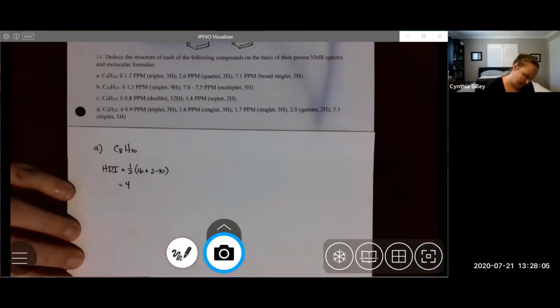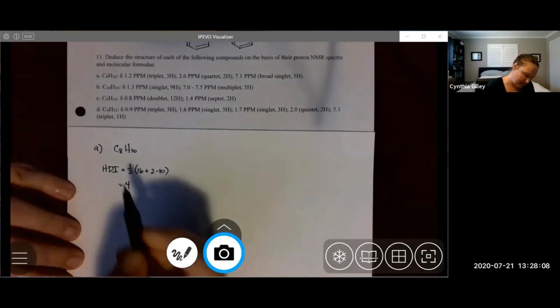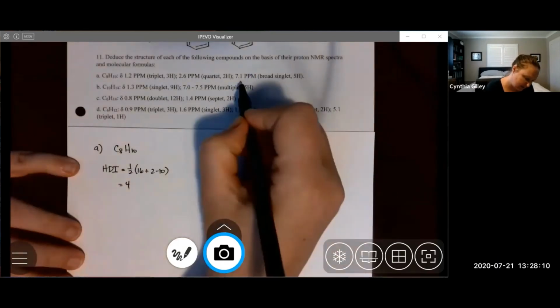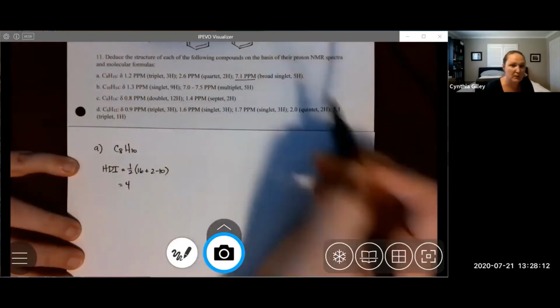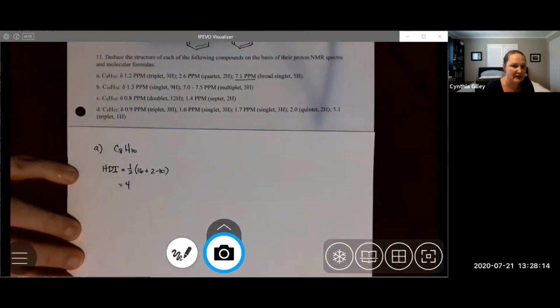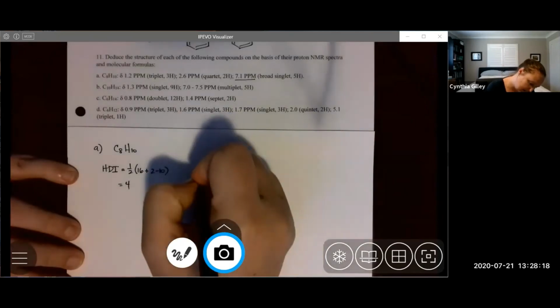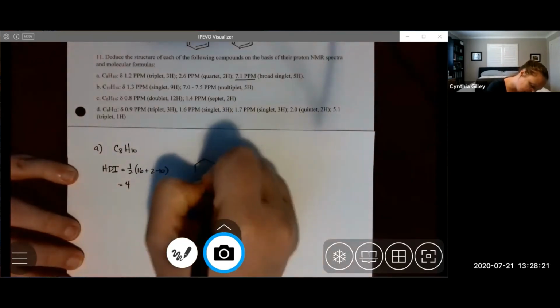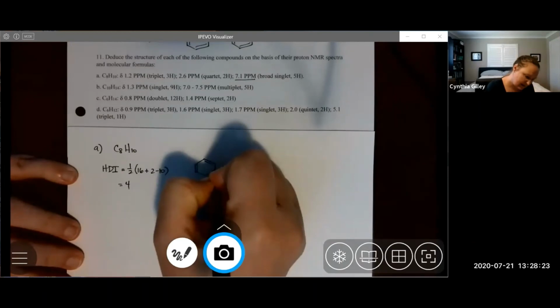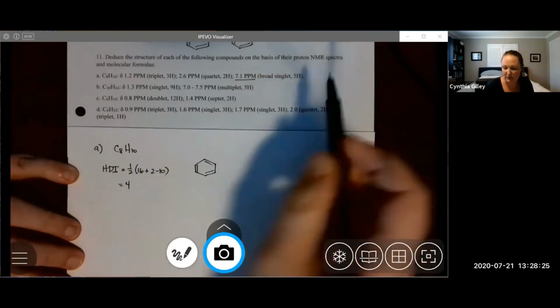If I'm thinking about an aromatic ring, I look over here and I see this 7.1 ppm. So that's an indication that there's probably an aromatic ring. And you might be a little bit confused about the fact that it says a broad singlet. It's a little weird, right?